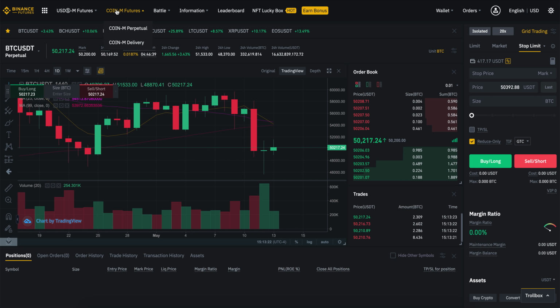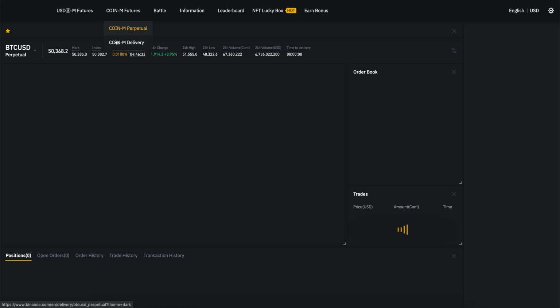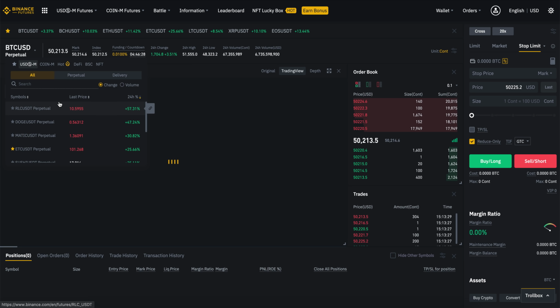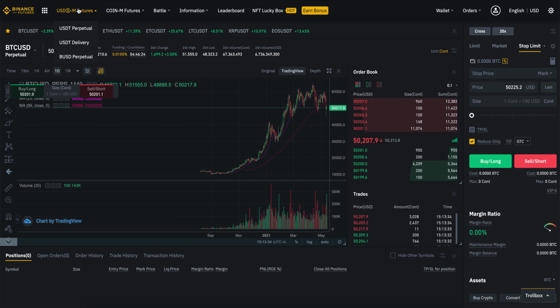So if I want to earn more Bitcoin, then I should trade the CoinM futures BTC USD pair. If I want to earn more Ethereum, then I want to trade the ETH USD pair CoinM future contract. Okay, I hope that makes sense. But the bottom line is, depending on your goal, whether you want to grow your Tether account or grow your crypto account, that will determine which of these contracts you trade.